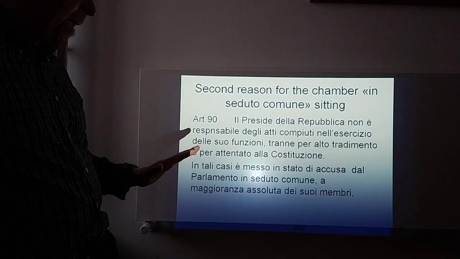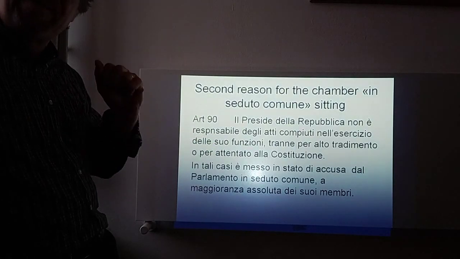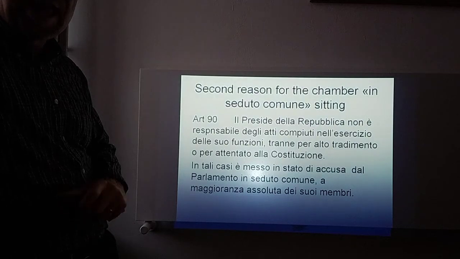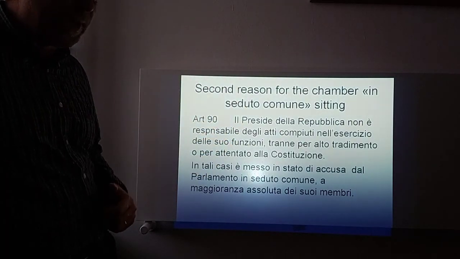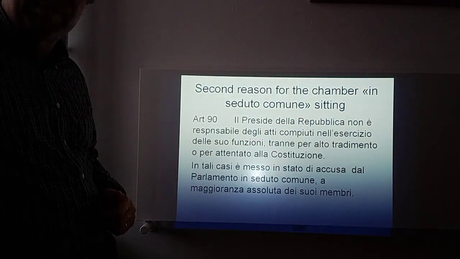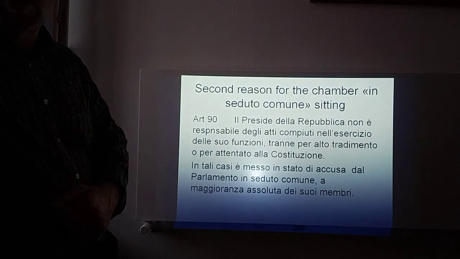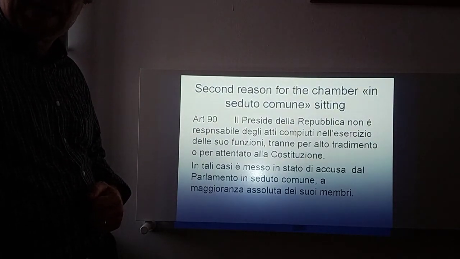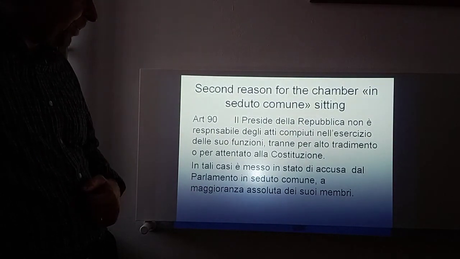So, it's only stato di accusa, so they can only accuse him. They vote on whether he should be accused or not. If they vote he should be accused, all together, the Senate and the Camera dei Deputati vote together, he's accused, then it will go to the Constitutional Court, who will judge: did he violate this Article 90 or not?